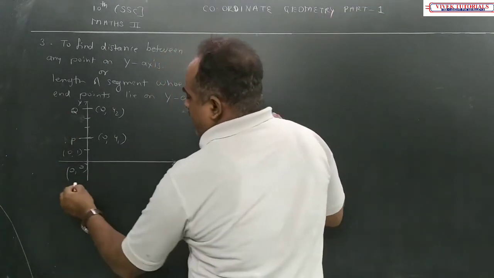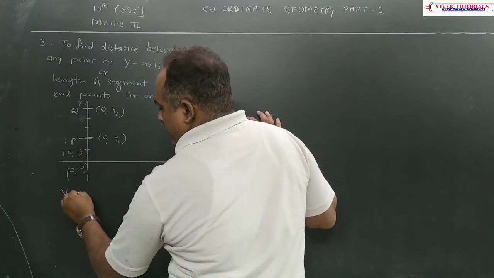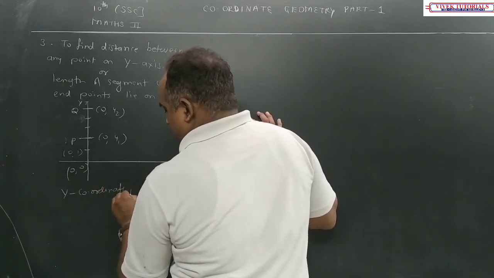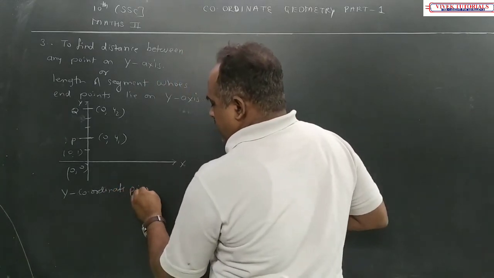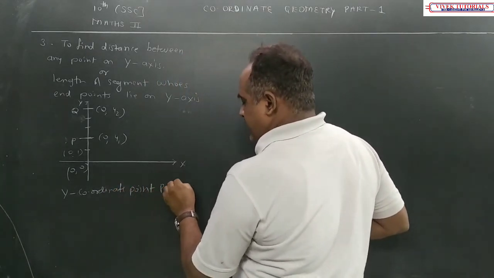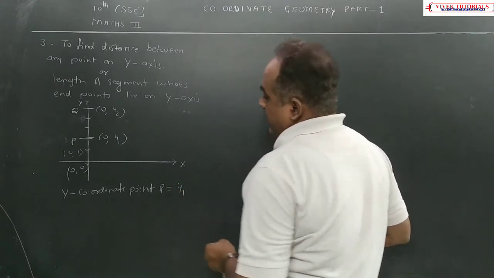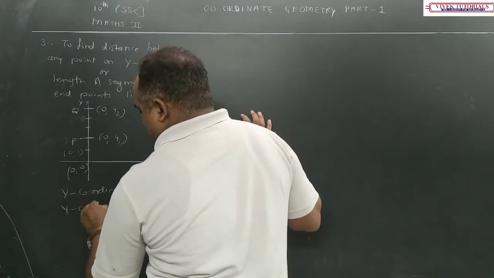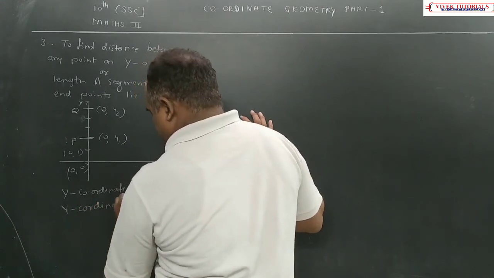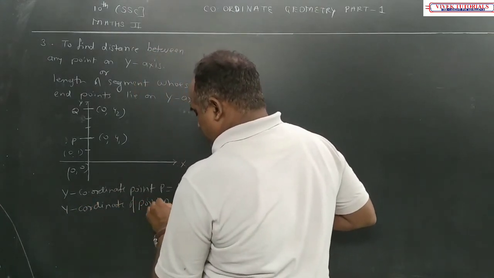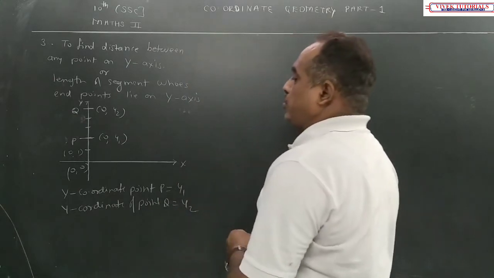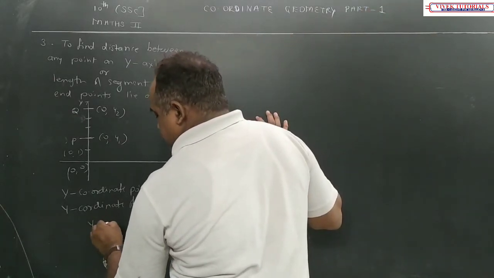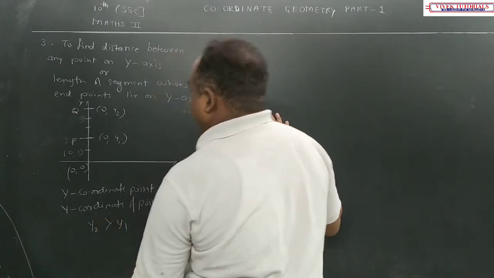So y coordinate of point P is equal to y1, and y coordinate of point Q is y2, and I know that y2 is greater than y1.